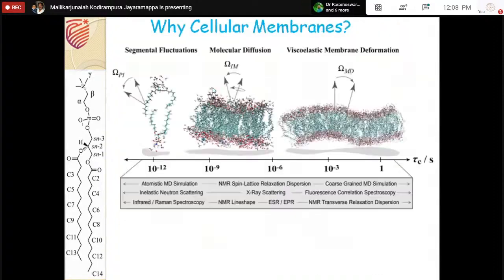Now, along with this structure, whenever we make these lipids assemble together, different types of motions can occur within this system. Within this lipid assembly, they can undergo different types of motions.